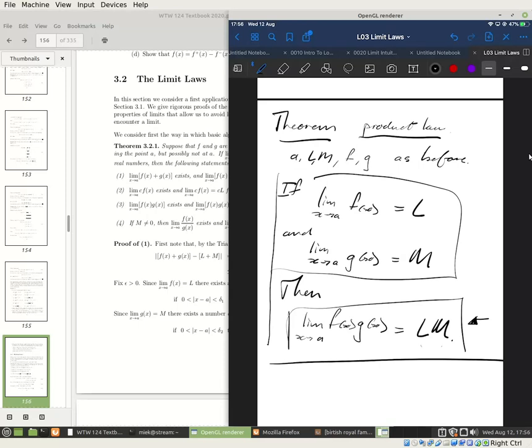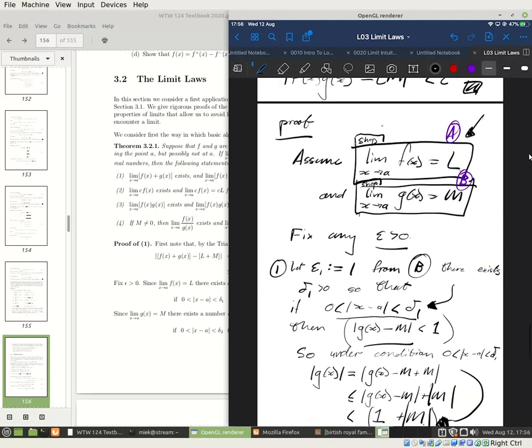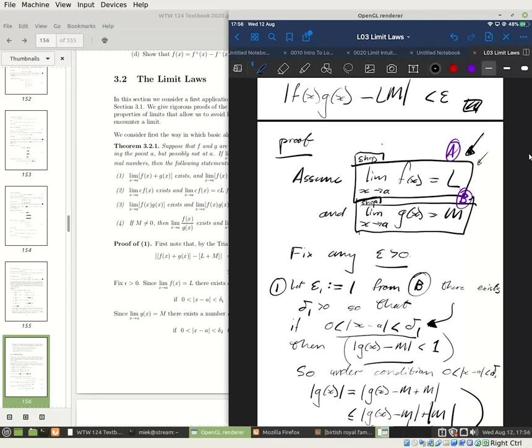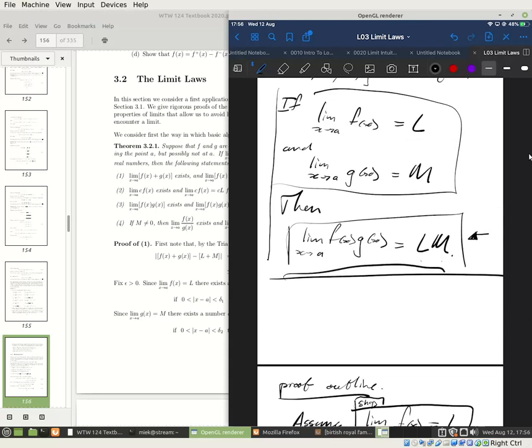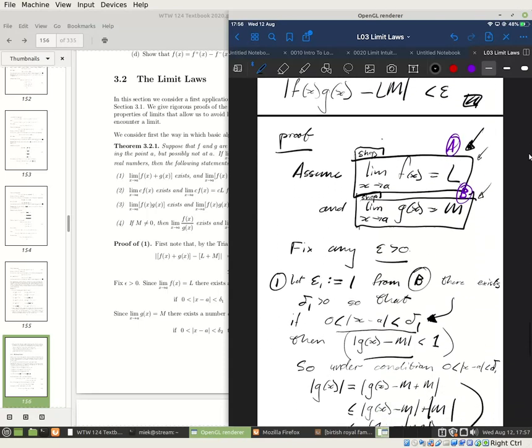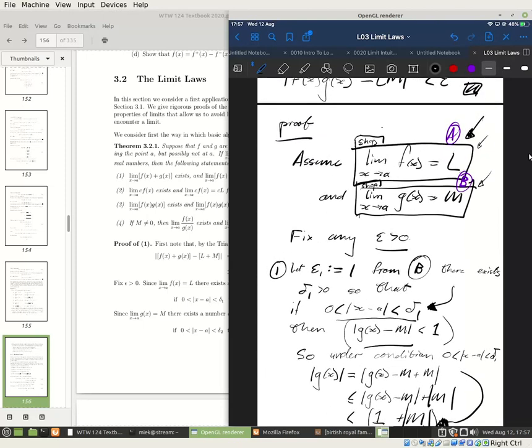We want to show if the limit of f of x is L and the limit of g of x is M, then the limit of f of x times g of x is L times M. So we assume the hypothesis, and we want to show that this limit holds true. So we have to show that it satisfies the definition. We have to show for every epsilon, so we fix any epsilon.